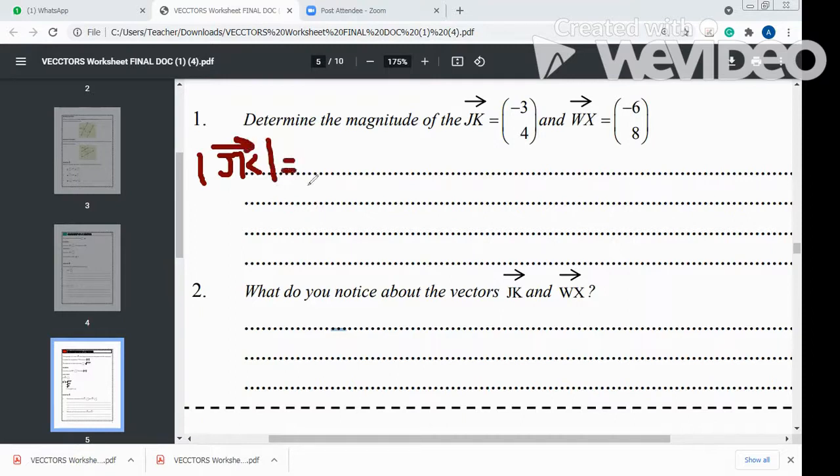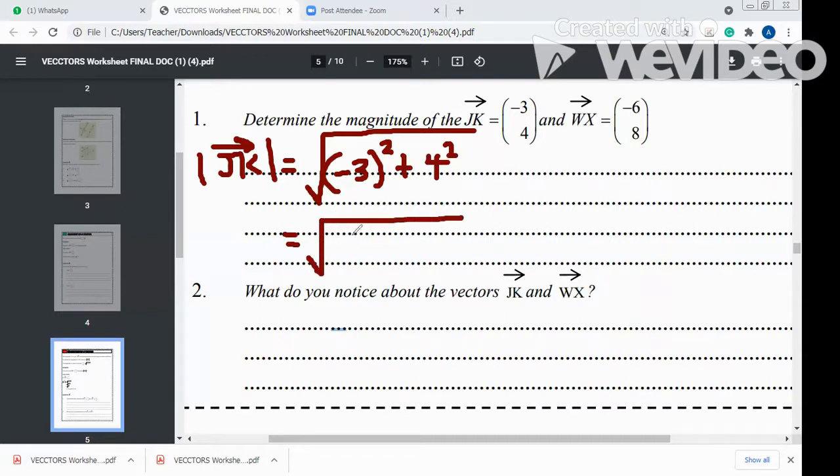According to the formula, it will be the square root of -3 squared plus 4 squared.